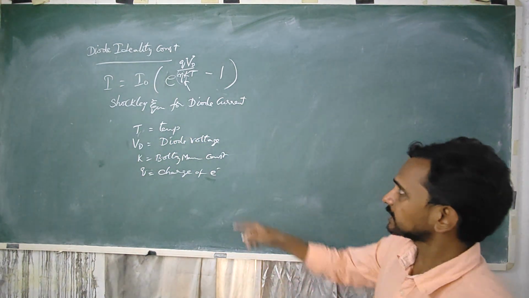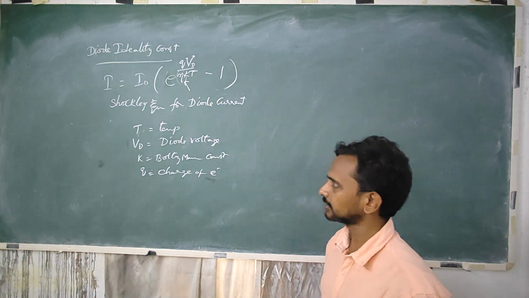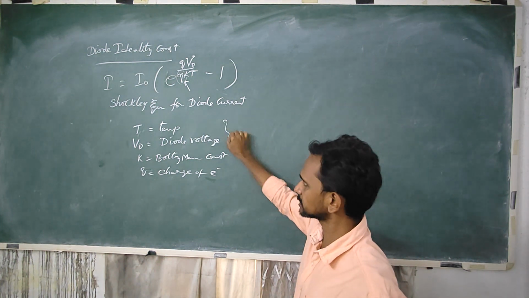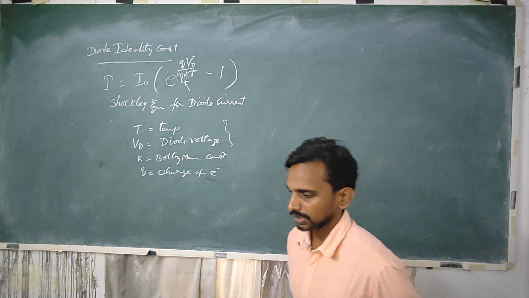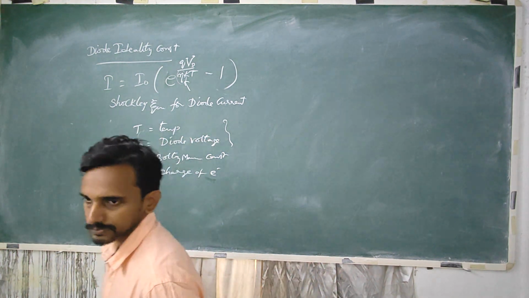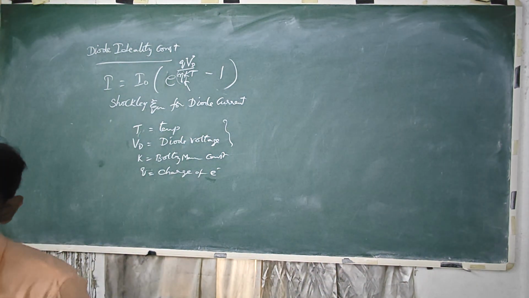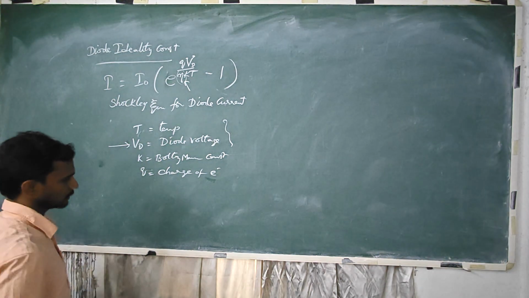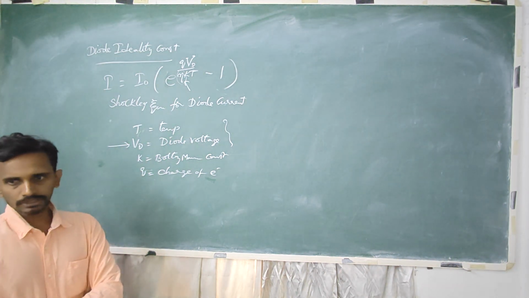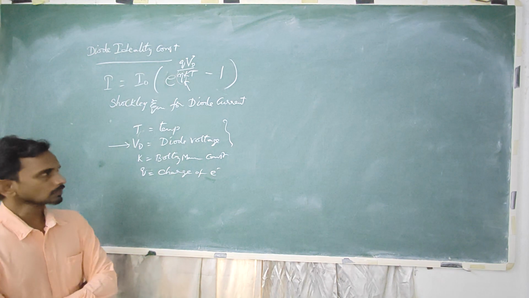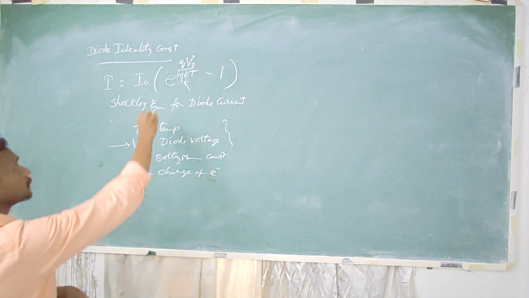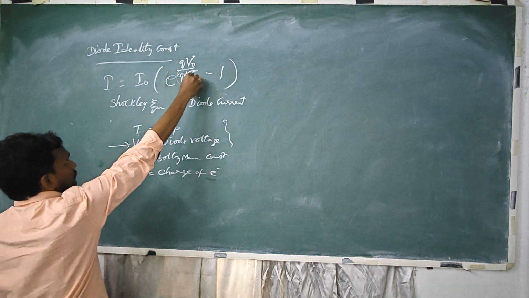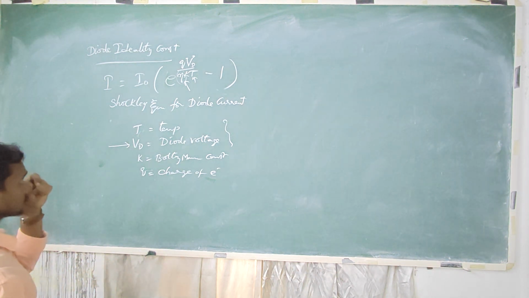Okay, somehow we have to fetch that value of eta, and we have two variables, temperature and diode voltage. So in this case we are taking diode voltage as a control parameter or the user dependent variable, and T is assumed to be a constant.